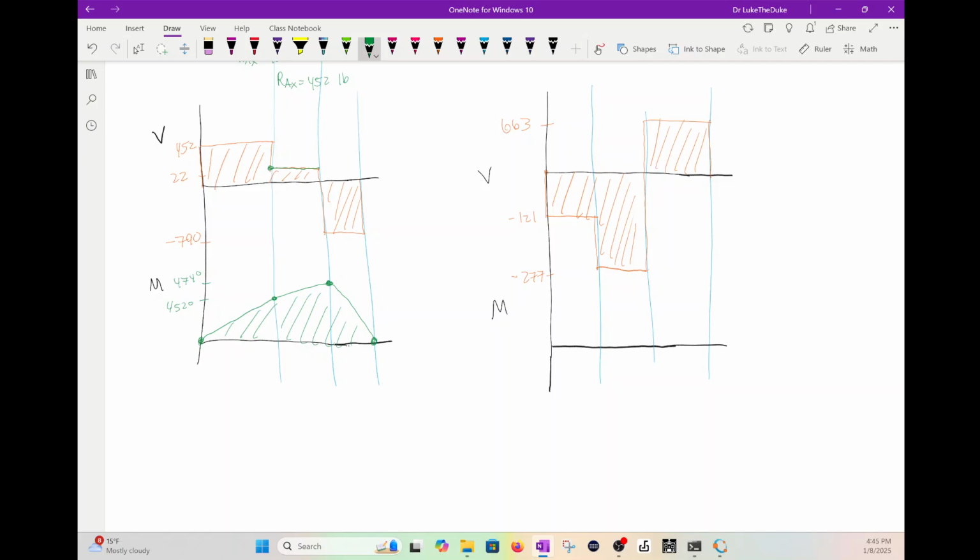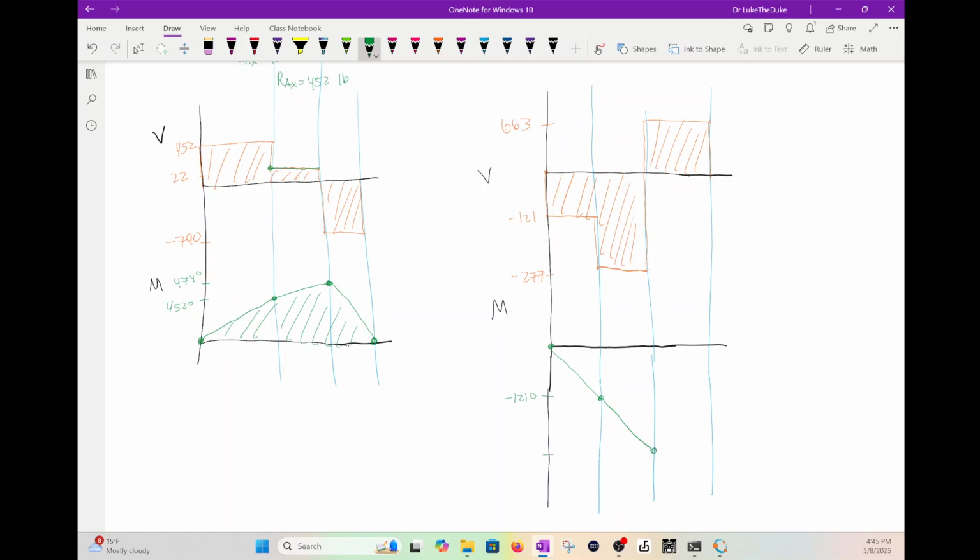Over here, it's going to start here, and it's going to go down to here. Let me make this a little bit bigger. Let me extend all of these. This number is 1210, right? So 121 times 10. Then it's going to go down like this.